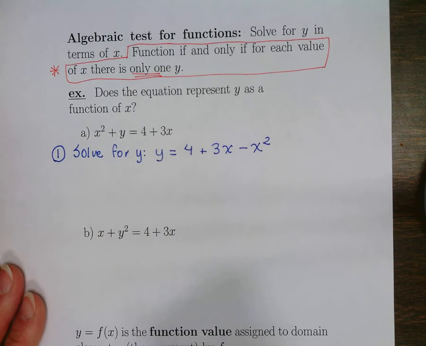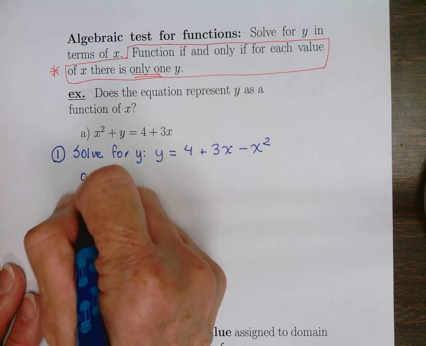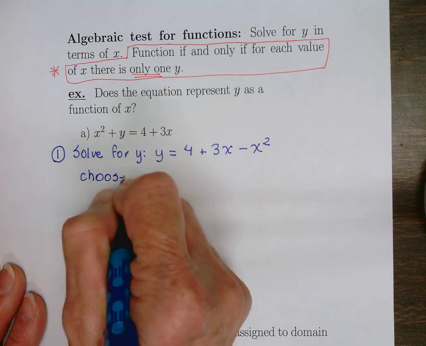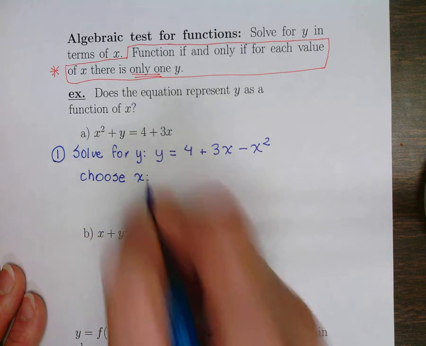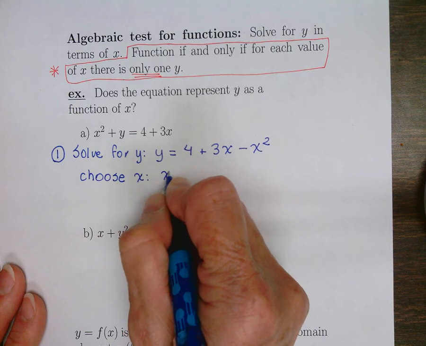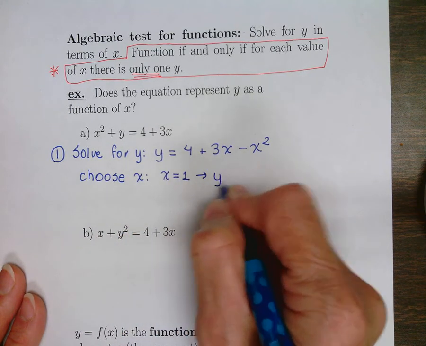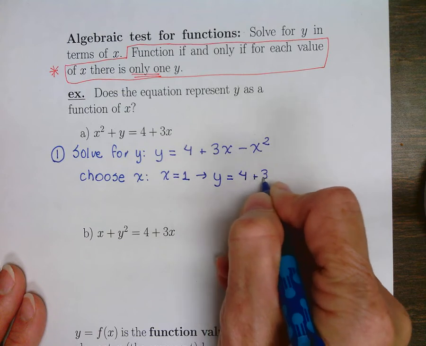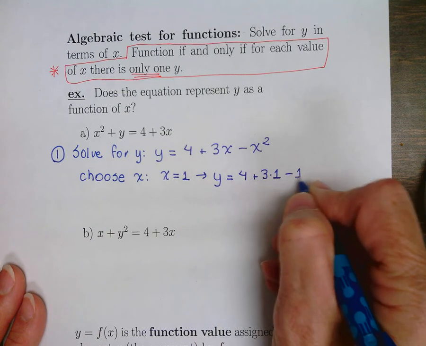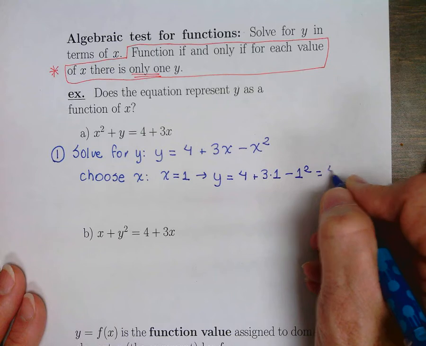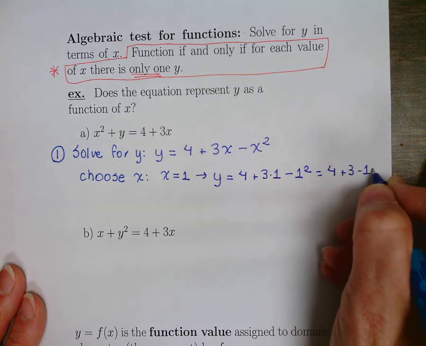Okay? Now, let's choose an x. Say, let's choose an easy one, x equals 1. That means that y is 4 plus 3 times 1 minus 1 squared, which is 4 plus 3 minus 1, which is equal to 6.